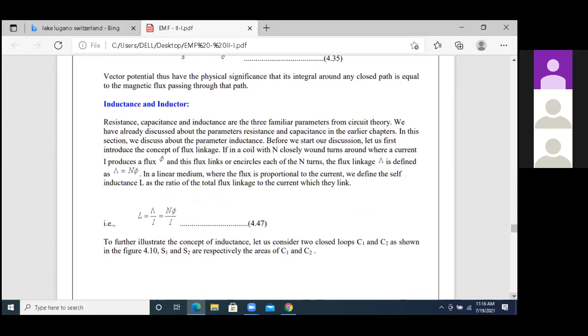Because remember, in networks now, how do they present it again? Inductance and mutual inductance and all of them.